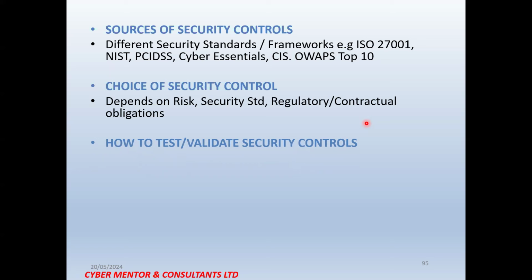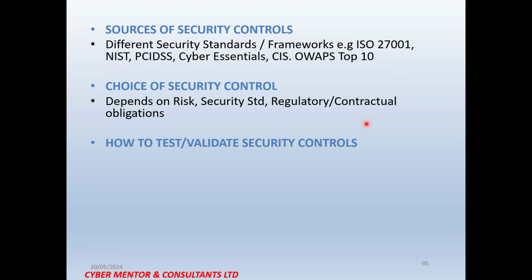For example, for your password control, in your policy you say it is an 8-character password. How do you test that it's working? Simply try to create an account using 7 characters. If you're able to create an account with 7 characters, it's an indication that your password control is not working as intended, because it's meant to be 8 characters. That's a typical way of testing.